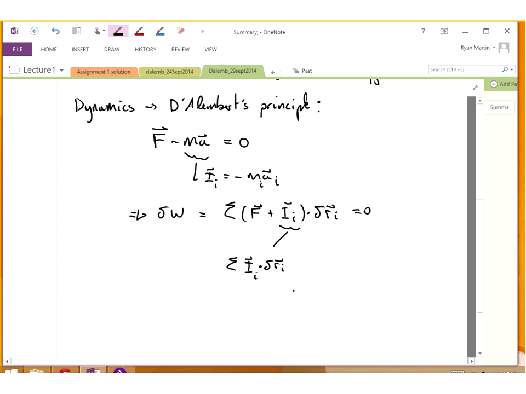We found that this term here could be rewritten after a lot of manipulations into minus the sum from j equals 1 to little n, so the sum over the generalized coordinates, of d/dt times ∂T/∂q_j dot, minus ∂T/∂q_j, delta q_j. So I ran out of the page there.